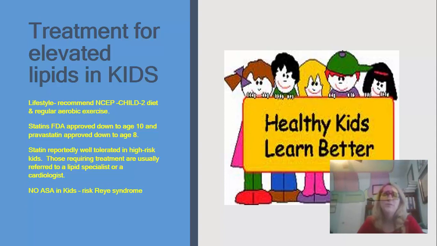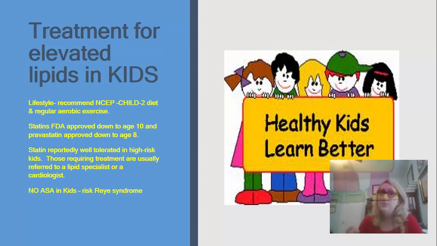Statins are FDA approved down to age 10 in general, but pravastatin is approved down to age 8. Reportedly, they're well tolerated. In high-risk kids requiring treatment, usually they're referred to a lipid specialist or a pediatric cardiologist. Remember, don't give aspirin in kids because of Reye syndrome.